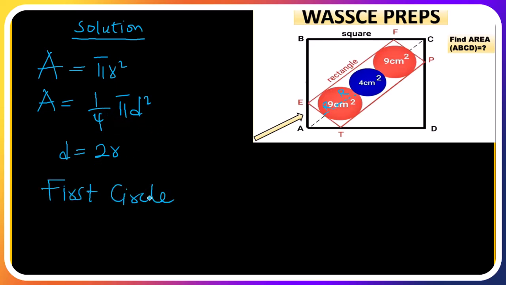So area equals 1/4 pi d squared. So area is 9 centimeters squared equals 1/4 pi d squared.